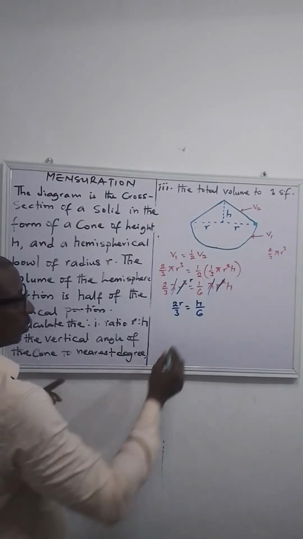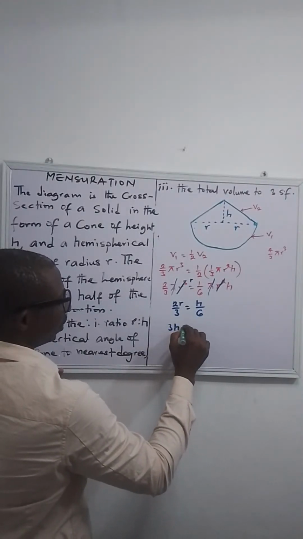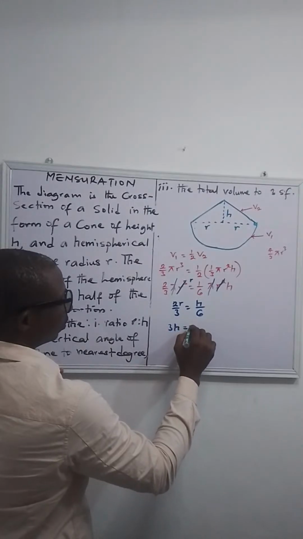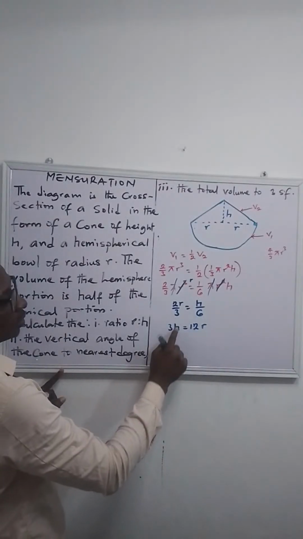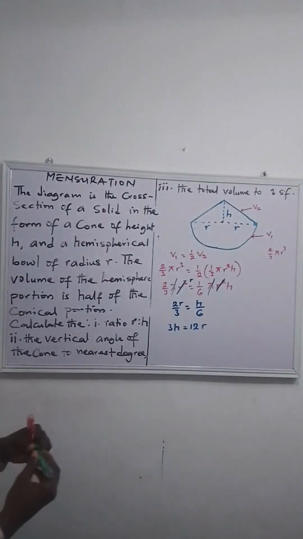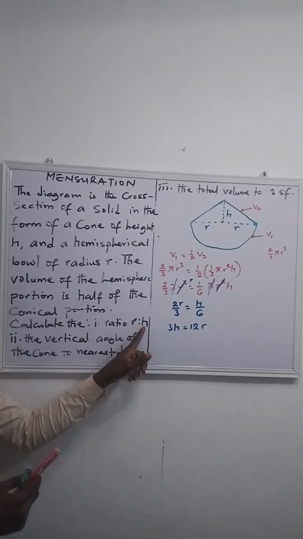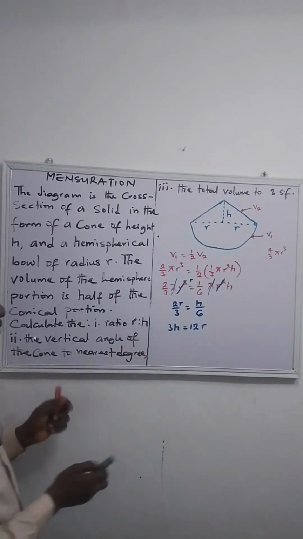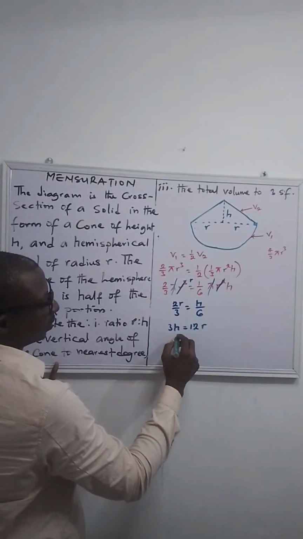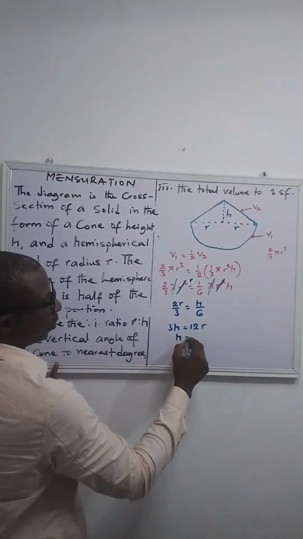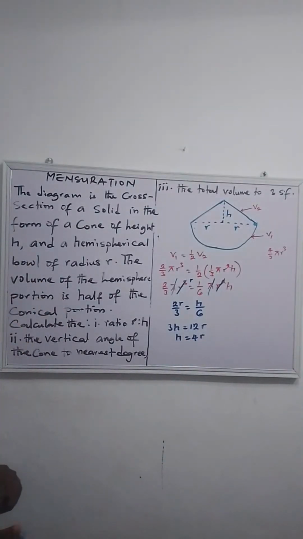When you cross multiply, you have 3H equals 12R. This times this, you have this, so this gives you this. But don't forget, what the question wants us to get is the ratio R to H. So now let me divide both sides by 3. So I have H equals 4R.